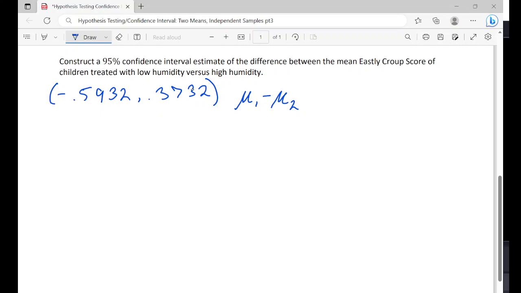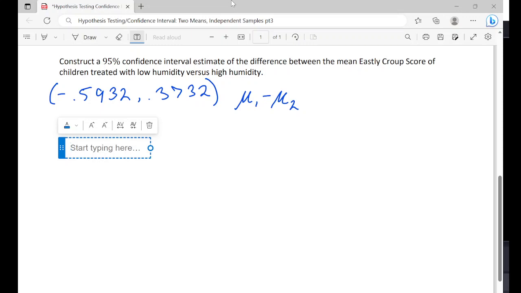So we go from negative to positive, which means somewhere in between the limits of this interval, we get 0. And the only way to get 0 is if the first mean and the second mean are equal, because if they're equal and we subtract them, we will get 0. That's very important in our determination of what's going on. Since it contains 0, that means at some point they are equal.